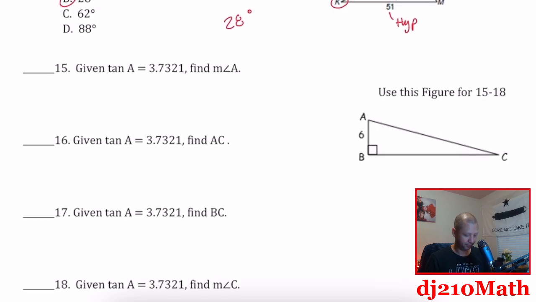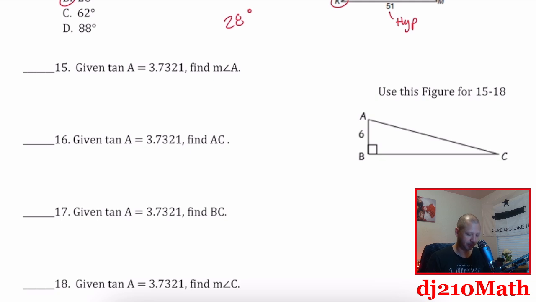All right, 15. Given that the tangent of A is equal to this decimal, find the measure of A. If you're looking for an angle, we have to use inverse.